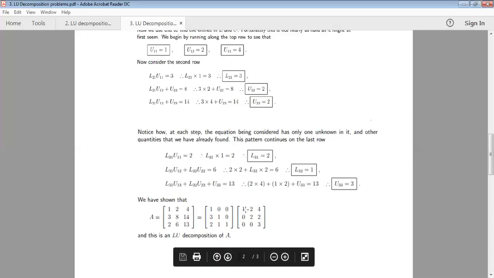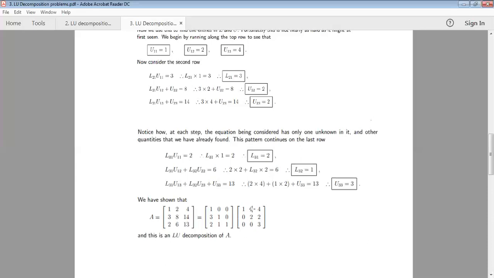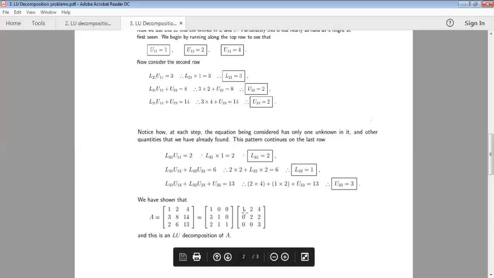Now the upper triangular matrix: U11 is 1, U12 equals 2, U13 equals 4; 0, this is U22, U22 equals 2, U23 equals 2; 0, 0 and U33, U33 equals 3. So this is the decomposition of A.